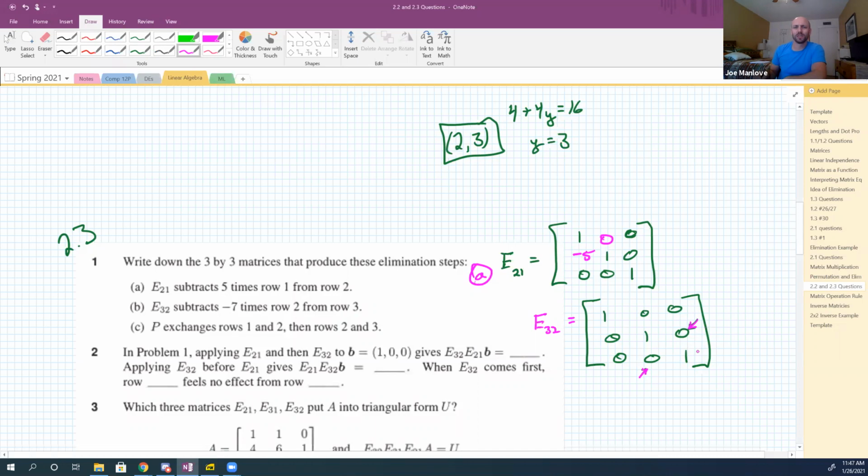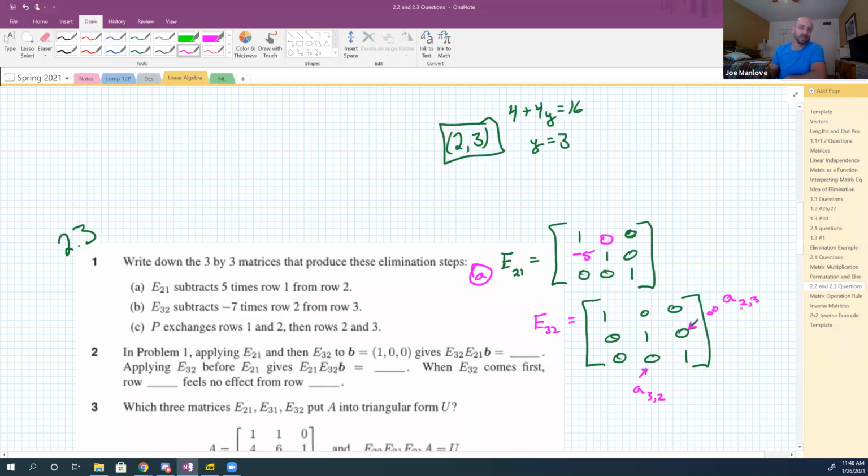Have I talked about addressing matrices at all? The book does, but I don't know if I have. So this thing here is the entry that's in the second row, third column. This one is the one that's in the third row, second column. You guys see that?